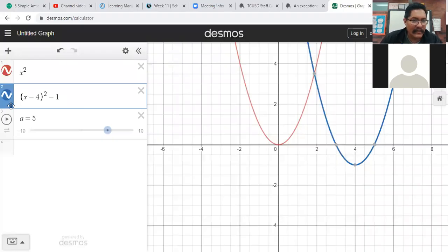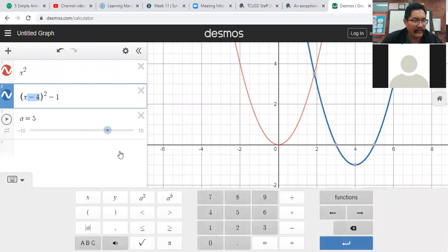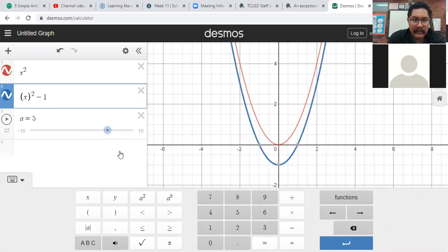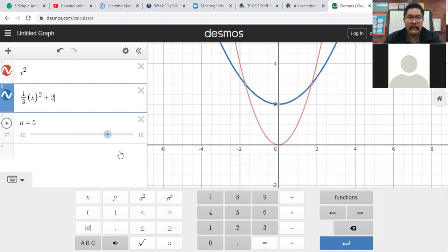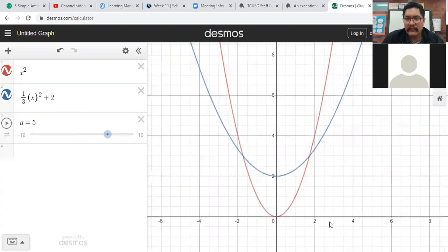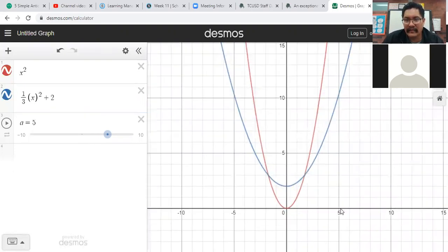All right, next one. Let me go ahead and type in the next one, which is going to be, it looks like they, well, 1/3 x squared plus 2. All right, now this one you can tell is obviously different. We can see that the entire shape is different.